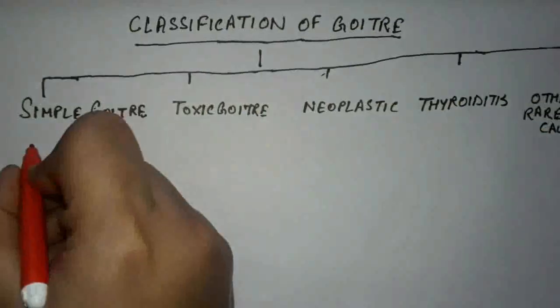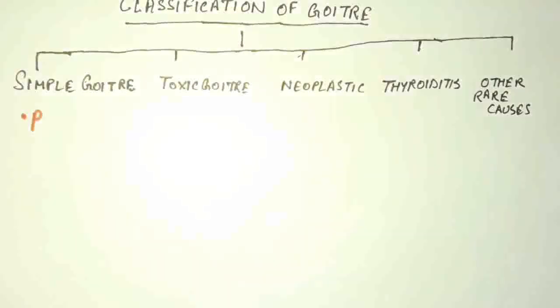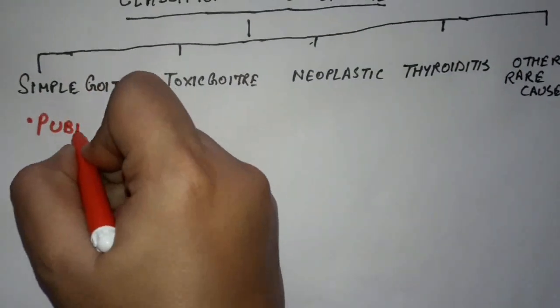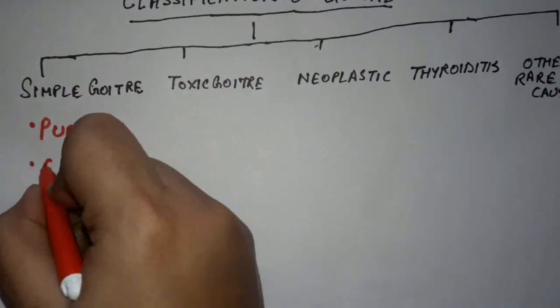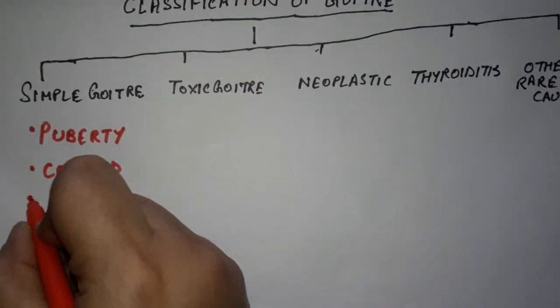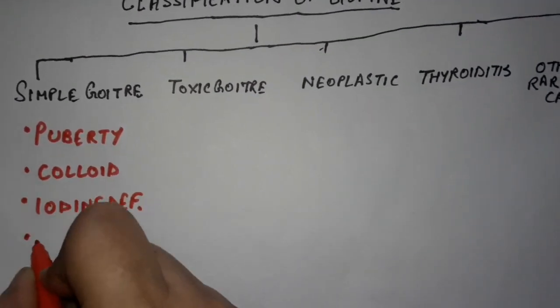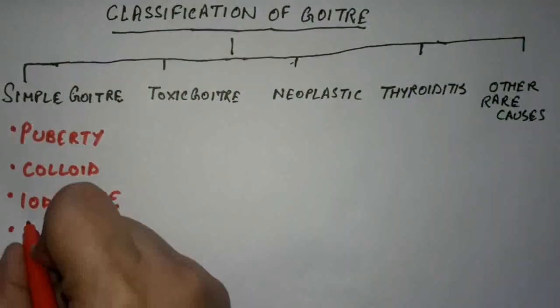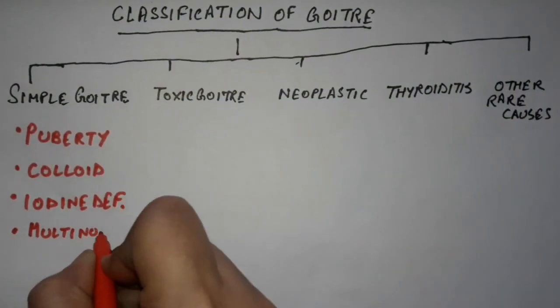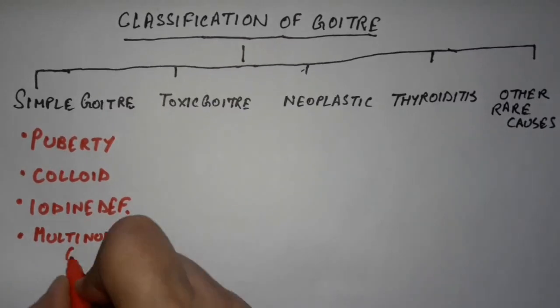So simple goiter types are puberty goiter, colloid goiter, iodine deficiency goiter, and multinodular or commonly known as MNG.